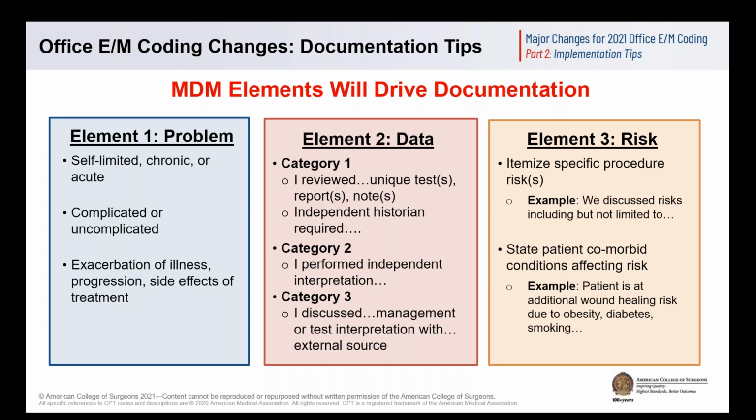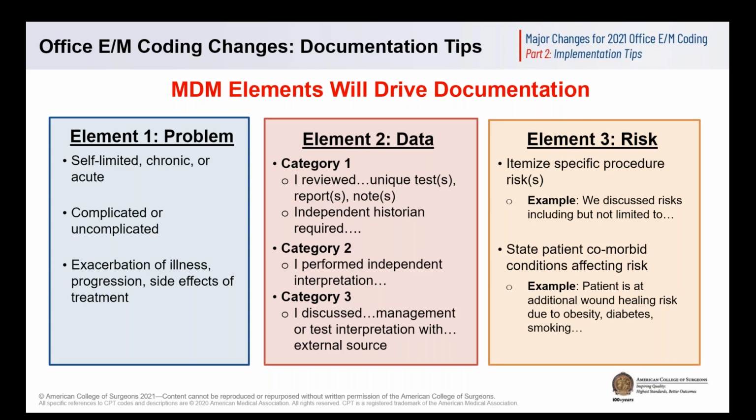Under the data element, you have to somehow document in your charting that you are doing these things: I reviewed the following unique tests, reports, or notes; that you had an independent historian available; that you performed an independent interpretation of imaging, which will perhaps require you adding some information regarding what exactly your interpretation was.